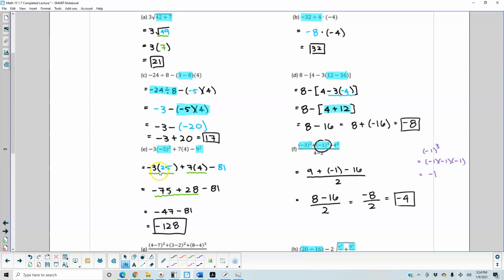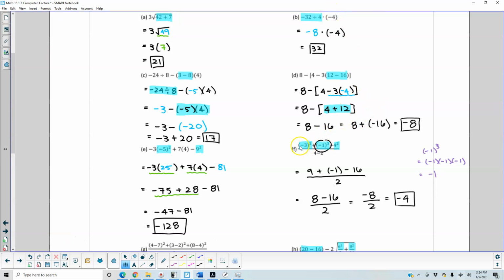So now we have multiplication and multiplication here, so we can go ahead and do those before we do the addition and subtraction. So negative 3 times 25 is negative 75, plus 7 times 4 is 28, minus 81. And now going from left to right with only addition and subtraction, negative 75 plus 28 is negative 47, and then minus 81. So these are both negative, so we can add them and keep the sign. So negative 47 minus 81 is negative 128.